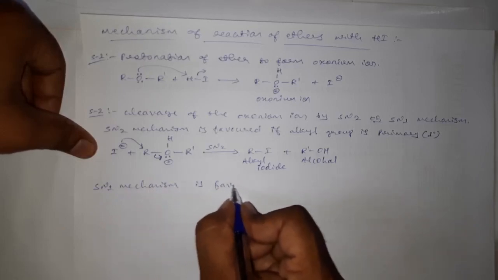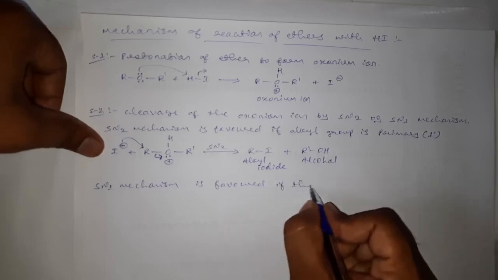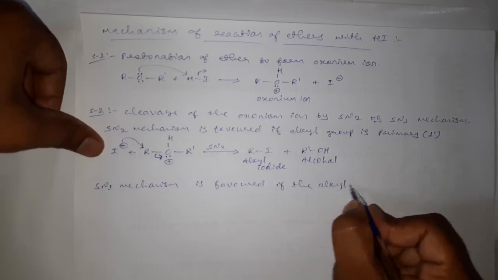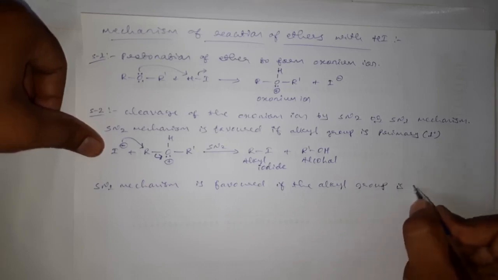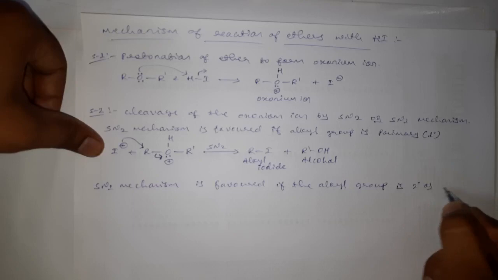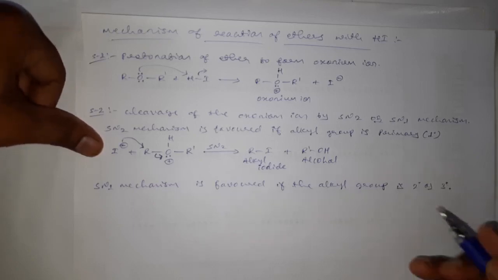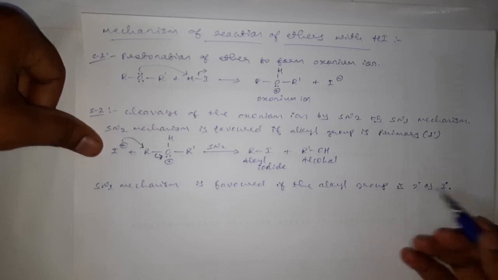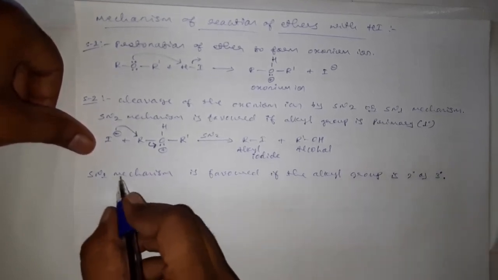SN1 mechanism is favored if the alkyl group is 2 degree or 3 degree, that is secondary or tertiary. If a substituent is a secondary or a tertiary alkyl group, then the mechanism follows SN1.